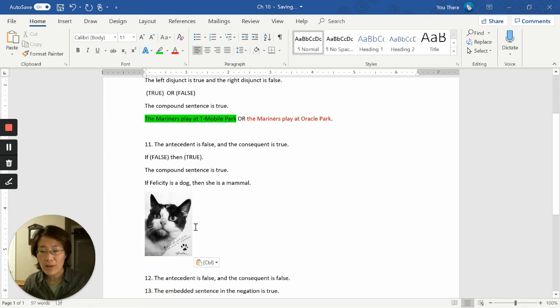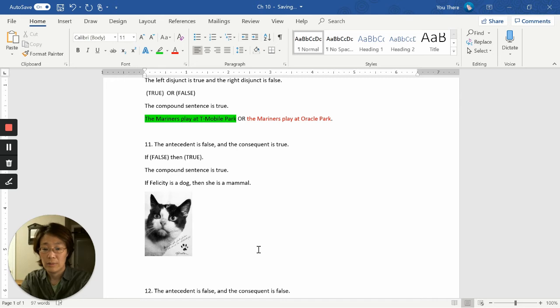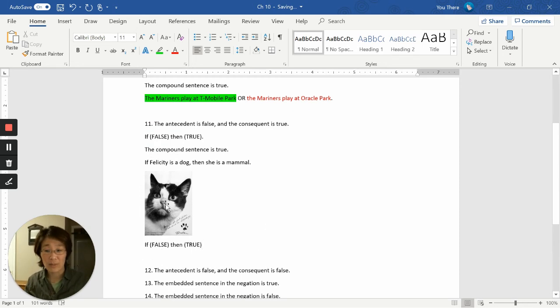The truth value of this sentence doesn't and really shouldn't change either, right? Even though what we have is a case of a false antecedent. Felicity is not a dog, she's a cat. Then she is a mammal, which she is, though, still a mammal.